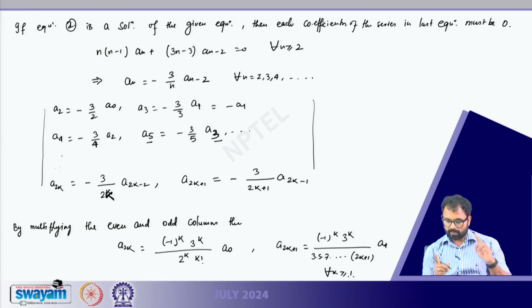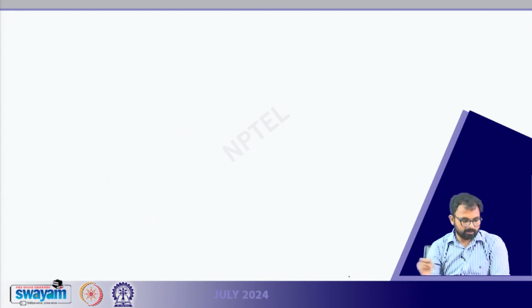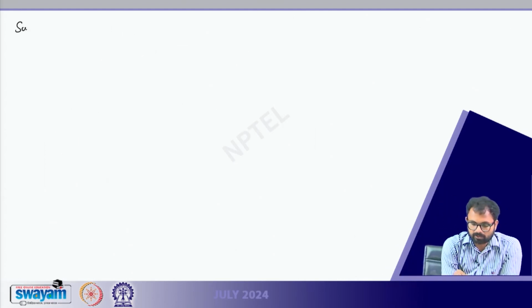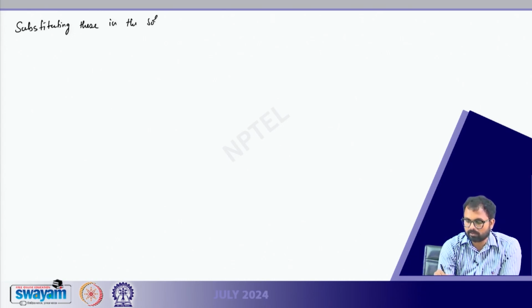Right. Now we have a collection of even terms and a collection of odd terms. Therefore, the required solution will be obtained by substituting these in solution 1. Then our y(x) is summation n running from 0 to infinity a_n x to the power n. So we can separate even and odd terms.